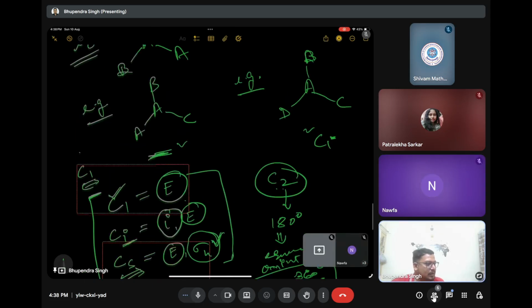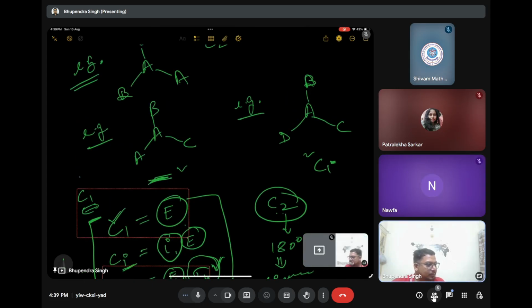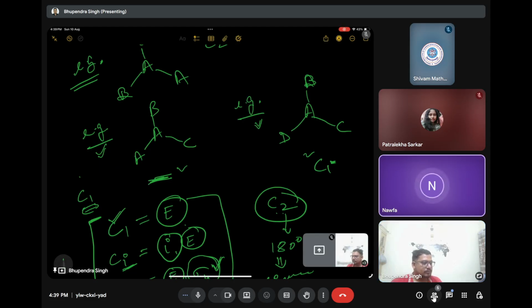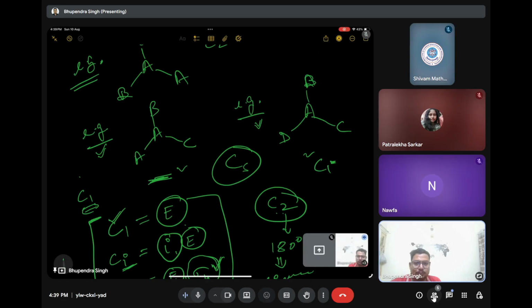Okay. So now tell me the point group of this molecule and this molecule. Yes, both are Cs. Because you cannot rotate the molecule.